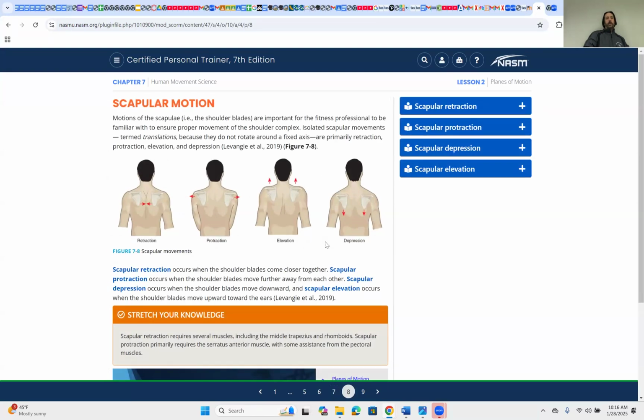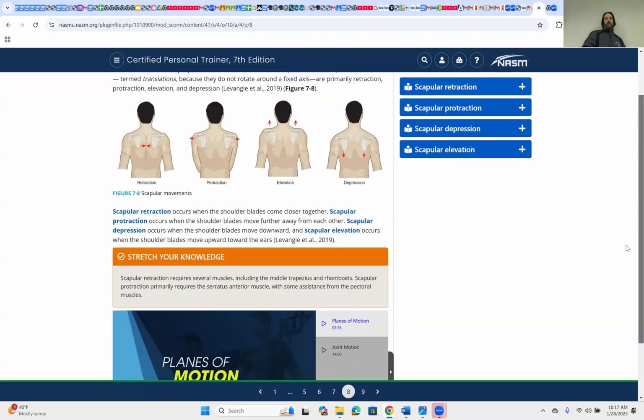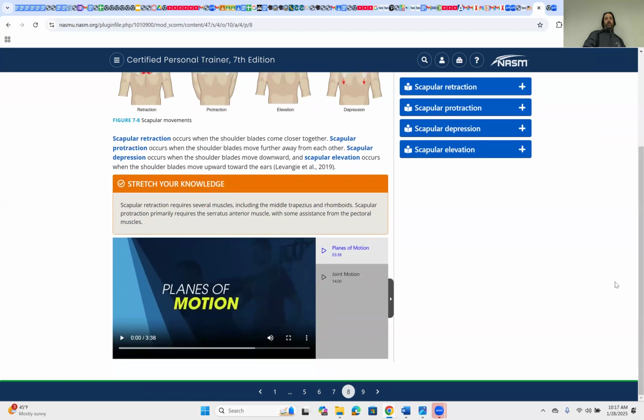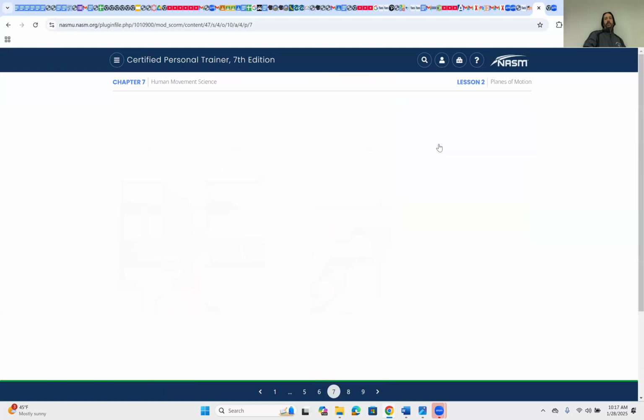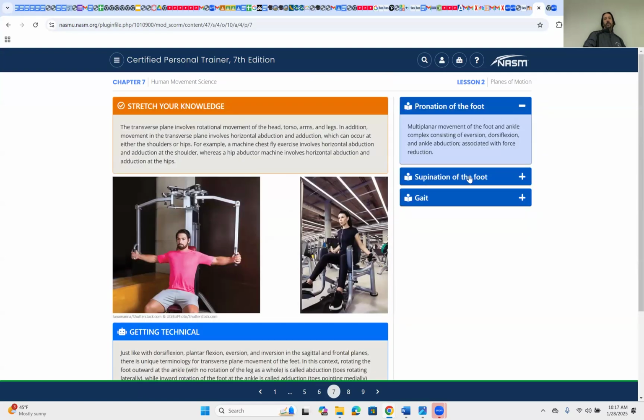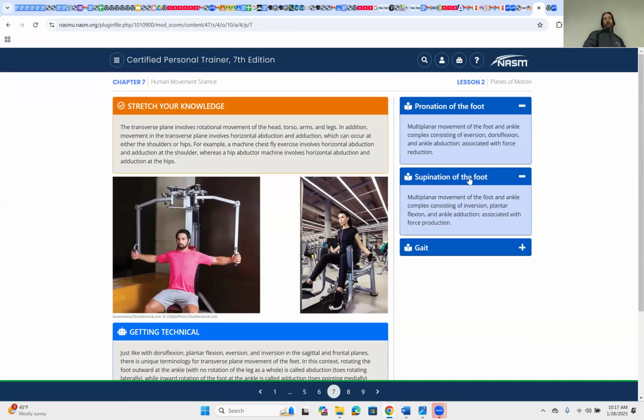Okay, here we go. So here's your scapular motion. There's your retraction, your protraction, your elevation, and your depression. So just so you see that picture. And then here's your pronation of the foot, which we don't really talk too much about, pronation, supination.